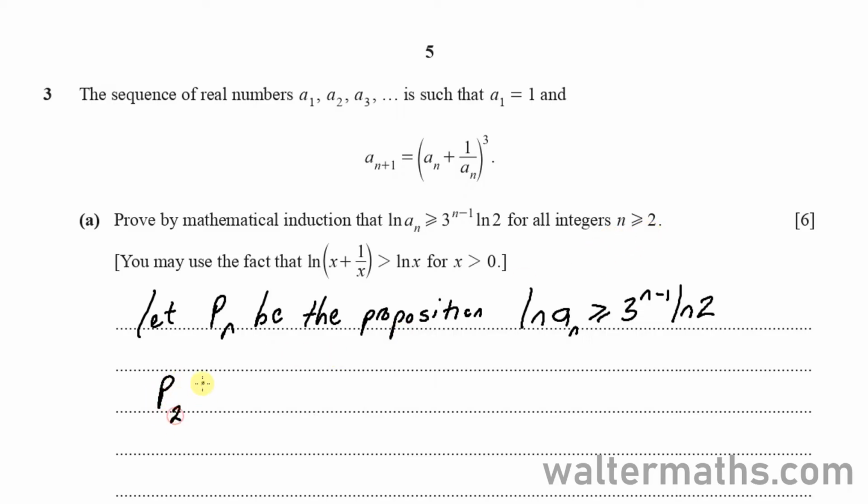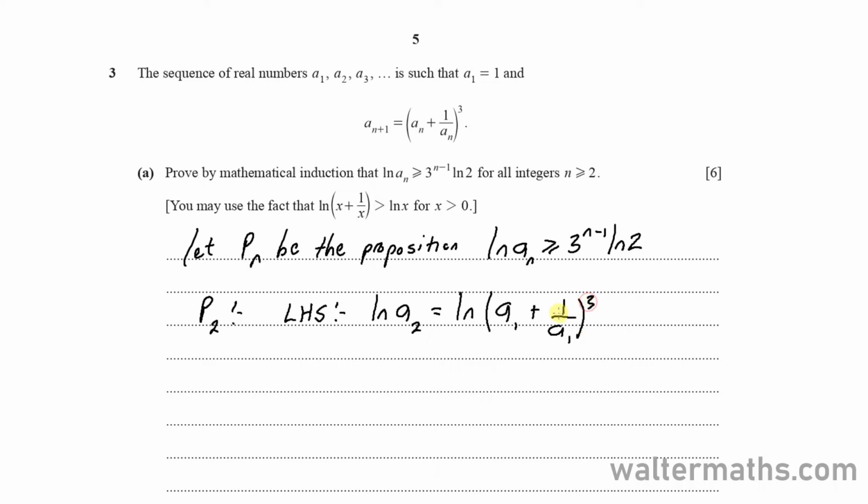So p sub 2, and here for the left hand side, that's ln of a sub 2. And here a sub 2 is the same as a sub 1 plus 1 over a sub 1, to the power of 3. Now we've been given that a sub 1 is 1, so it's like we have ln of 1 plus 1 over 1, to the power of 3, and this translates to ln of 2 cubed, which is 3 ln 2.